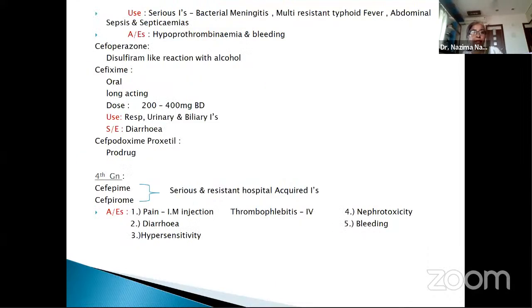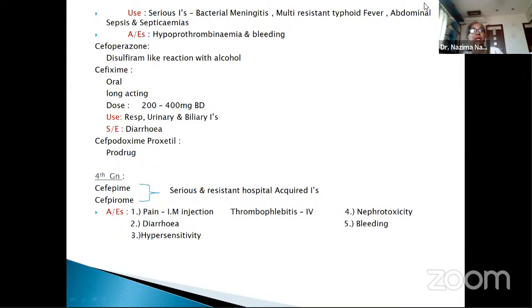The use of ceftriaxone is in serious life-threatening infections like bacterial meningitis, and in typhoid fever, but here it is used in case of multi-resistant typhoid fever. Otherwise, ciprofloxacin is the drug of choice, but if the infection is resistant, then you can go in for ceftriaxone.